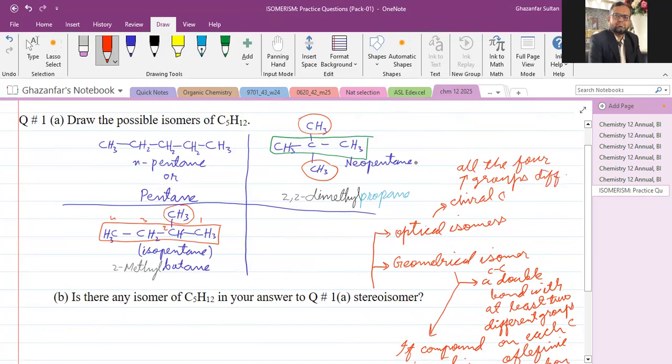But here you can see that all of them have 2 hydrogen atoms, so these cannot be chiral. And this one has 3 hydrogen atoms, 3 hydrogen atoms, 3 hydrogen atoms, so four different groups are not possible. And for the center one, all four are the same, so it does not give stereoisomerism.